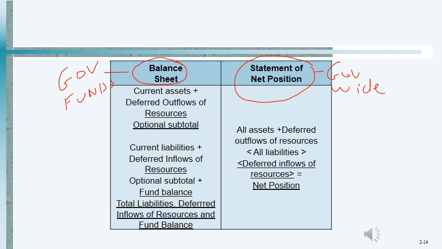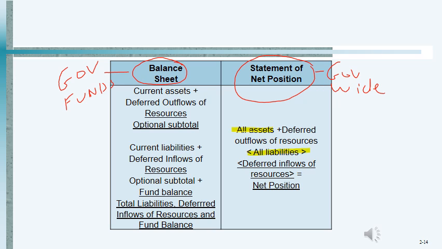We're going to take a close look in a couple of minutes at some sample government-wide statements. But notice that for full accrual accounting, we're going to be reporting all assets and all liabilities.